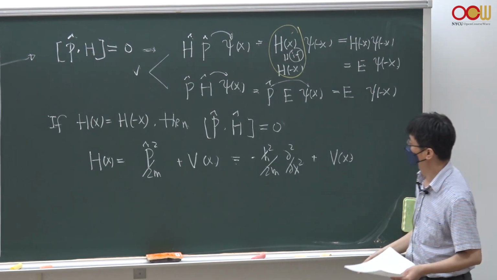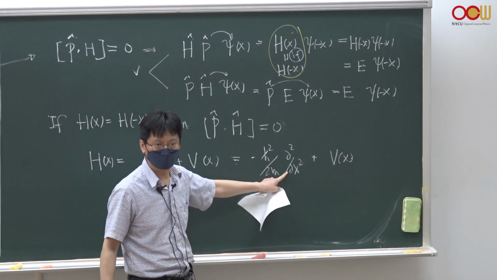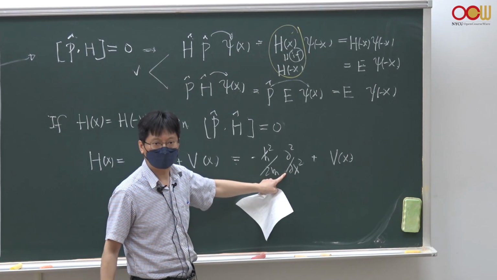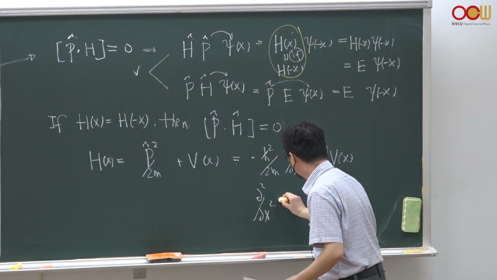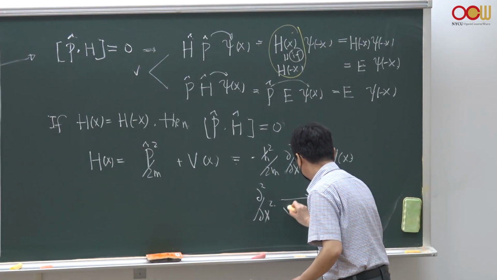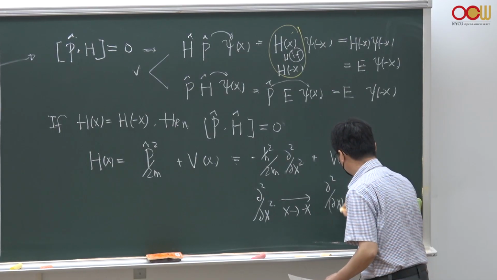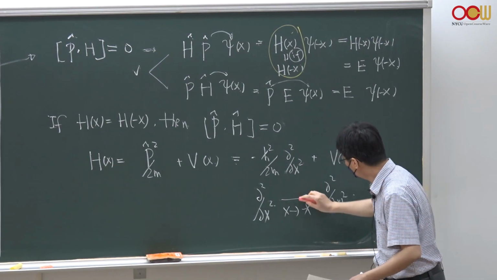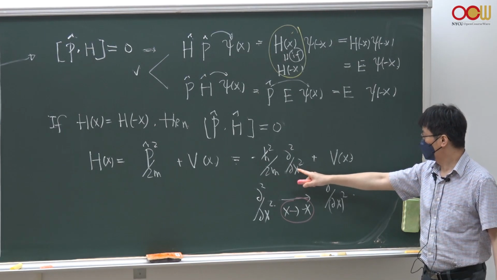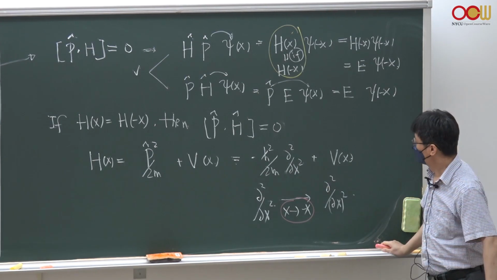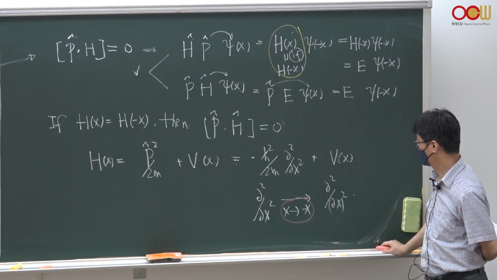But we know that if we change x to minus x, this doesn't affect this second derivative of the wave function with respect to x, because this is the same, right? So if you change x to minus x, the second spatial derivative, d squared over dx squared, doesn't change, right?